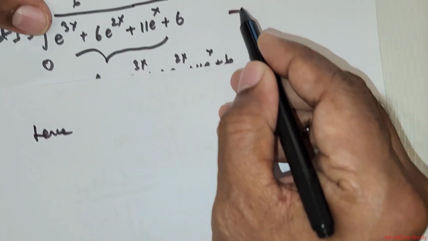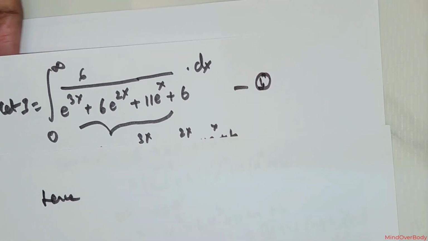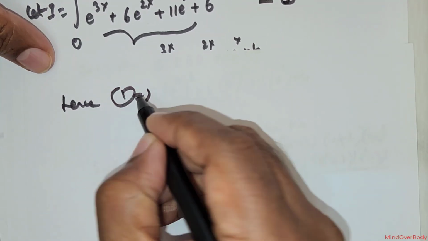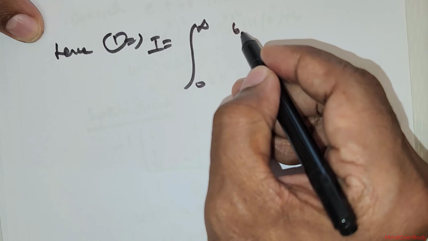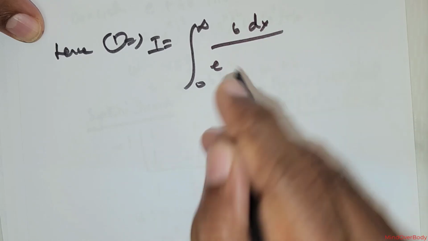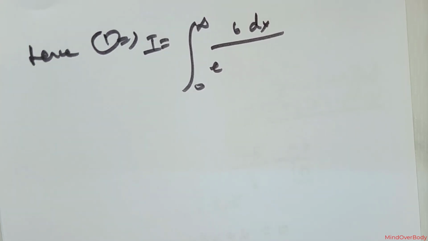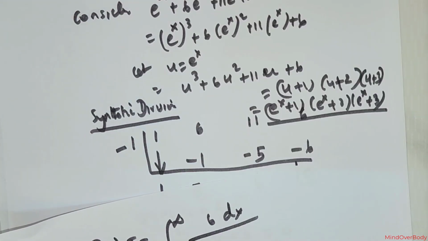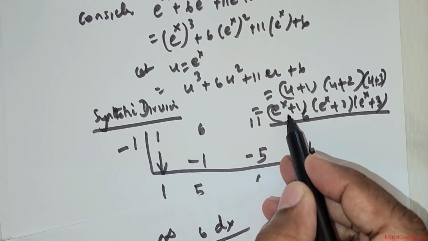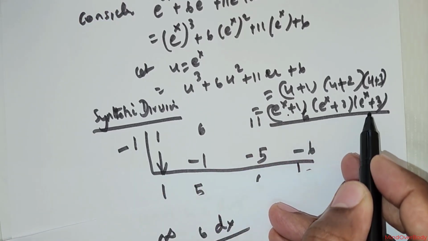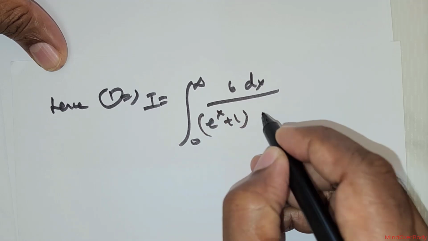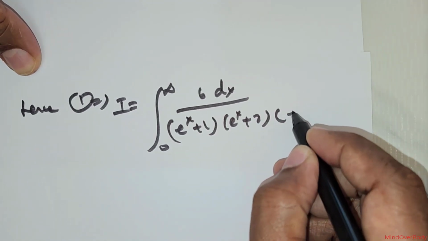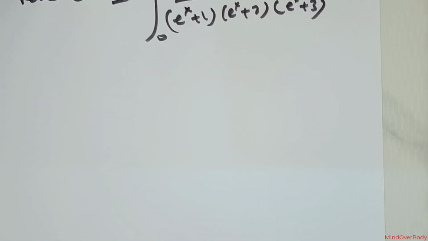So this integral, if I take this as the integral I, can be rewritten as I equal to the integral from 0 to infinity of 6 dx divided by the product, which is e raised to the power of x plus 1, e raised to the power of x plus 2, and e raised to the power of x plus 3. So this is what we have got.